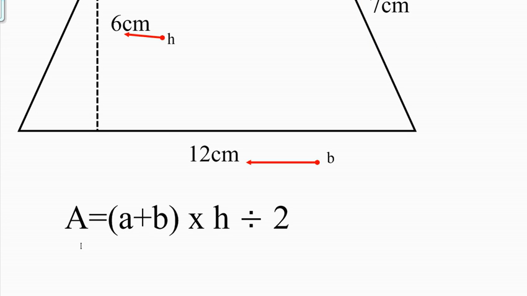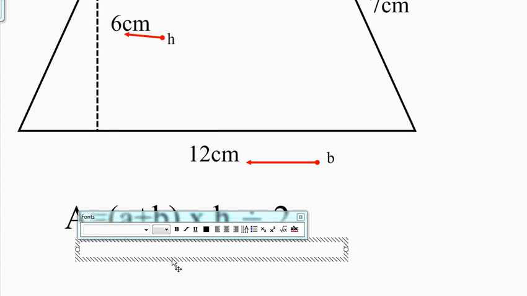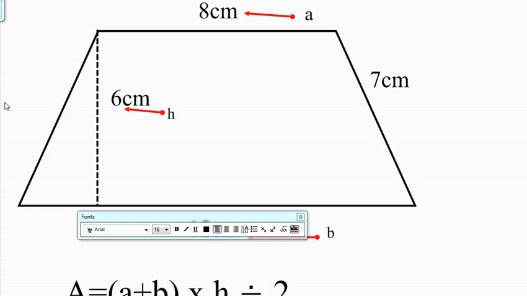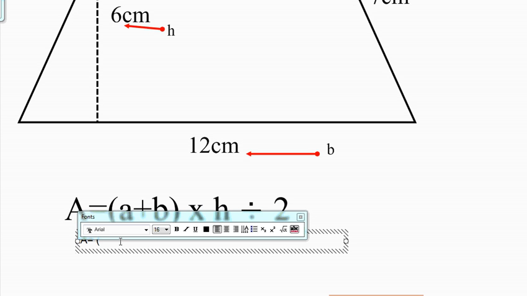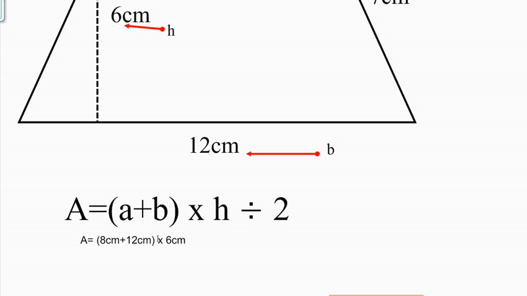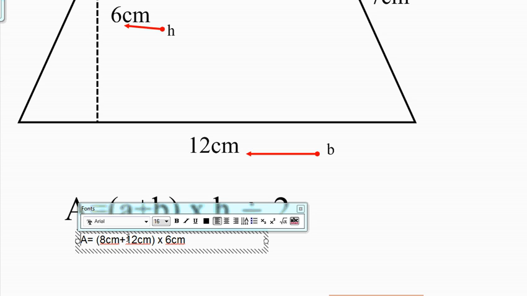Area equals A, which we said is 8 centimeters, plus B, which was 12 centimeters, in brackets, times the height, which was 6 centimeters. And then finally, we divide by 2.